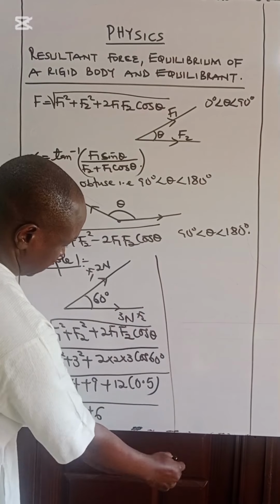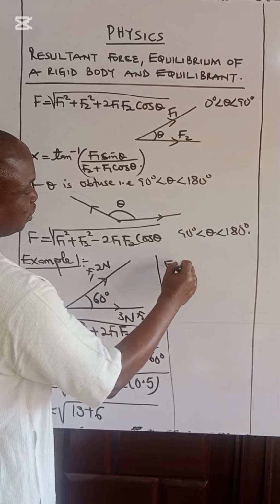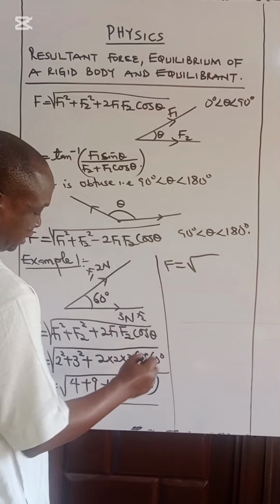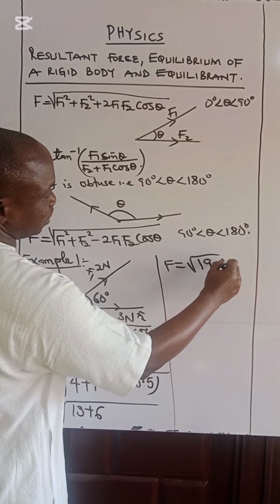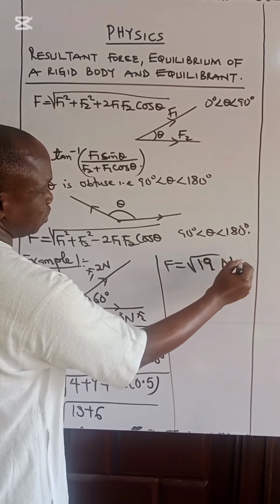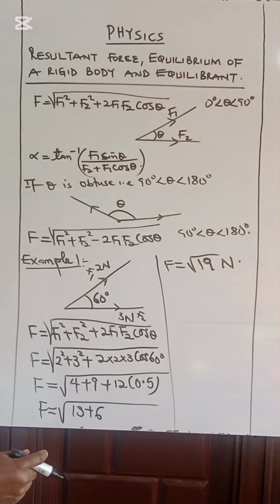So let's complete it here. Our F will now be the square root of 19. Square root of 19 Newton. That's the resultant force. That's how to find the resultant.